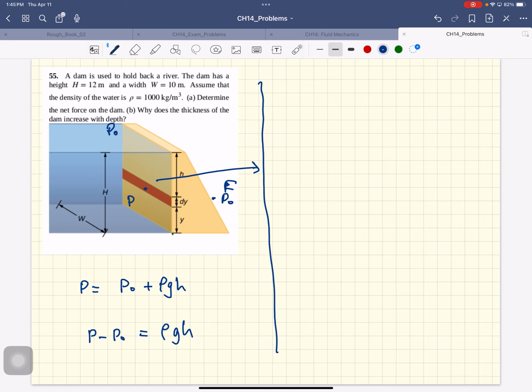Okay, so let's calculate the force dF on that slab. dF is the net pressure times the area of that slab. And the area of that slab is the width of the wall times this height, dy.